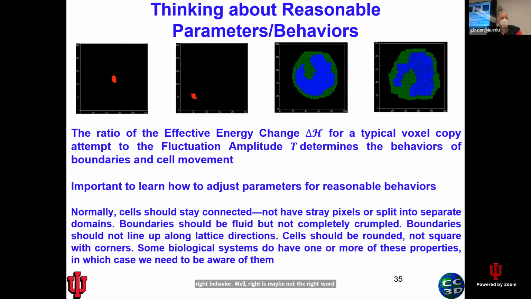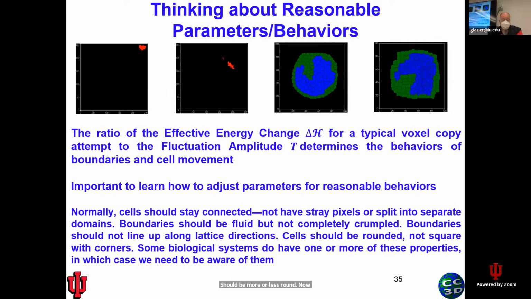We want cells to roughly stay connected, not have too many stray pixels or fall apart into separate domains. Boundaries should be fluid but not completely crumpled. They shouldn't line up on the lattice. Cells should be more or less round.